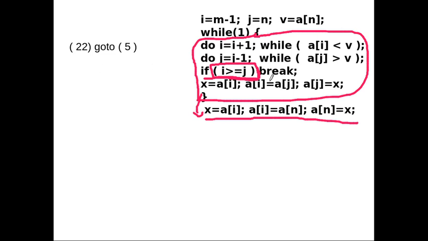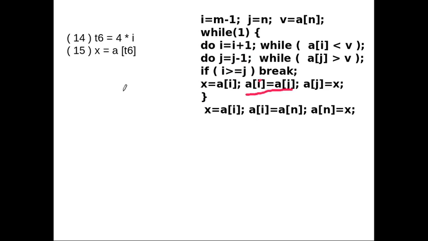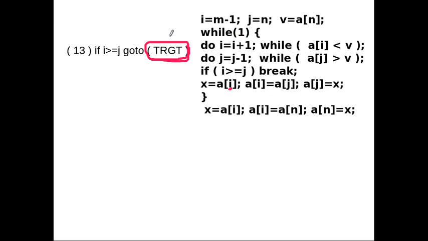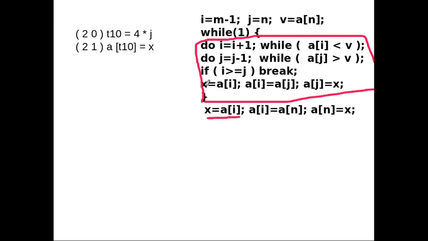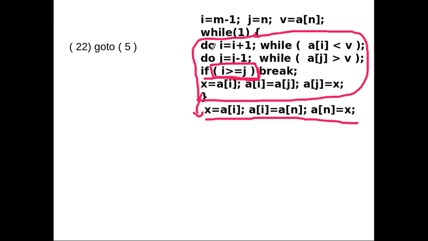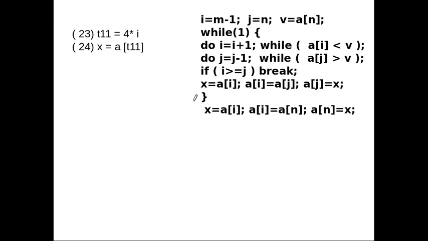For this break statement, at that moment we didn't know our target. What is our target now? How many three address codes are we getting for only the while? 22. After that while we are entering into 23. So our target must be 23.